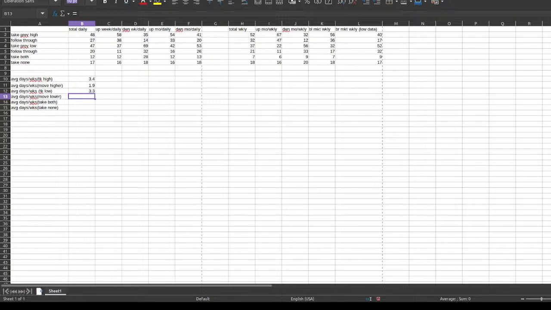Seven times, this is the follow through, 1.4. So we're going to see an average of 1 day of follow through out of every single week for the downside. Fascinating. Absolutely incredible.